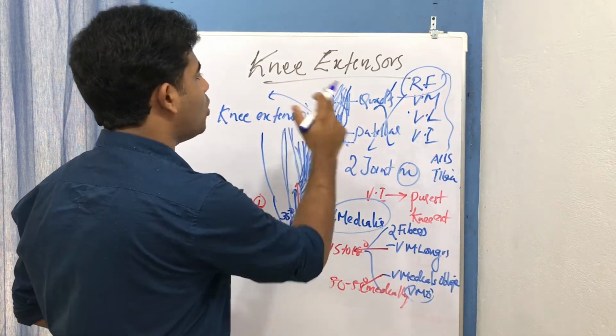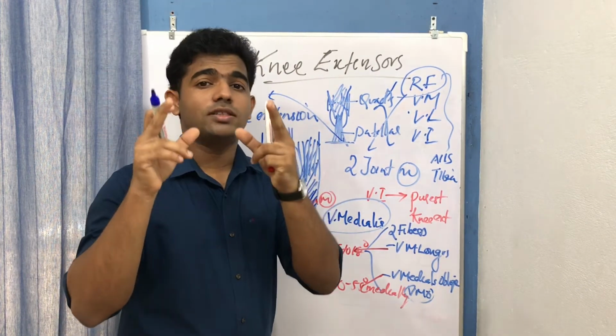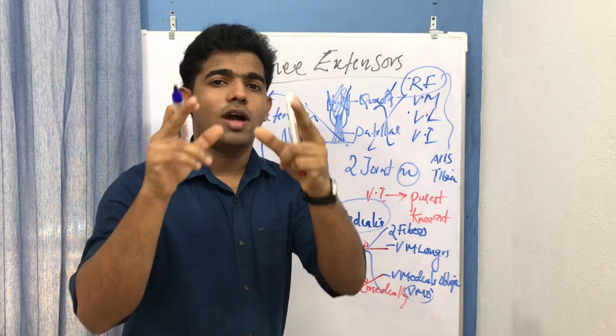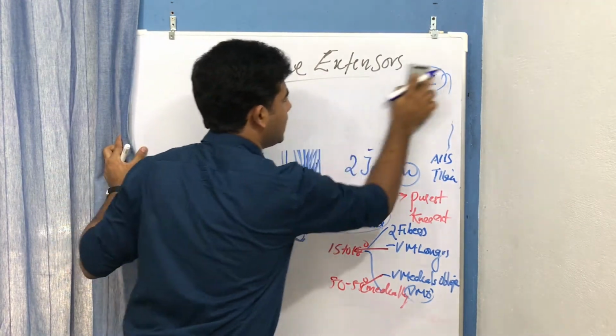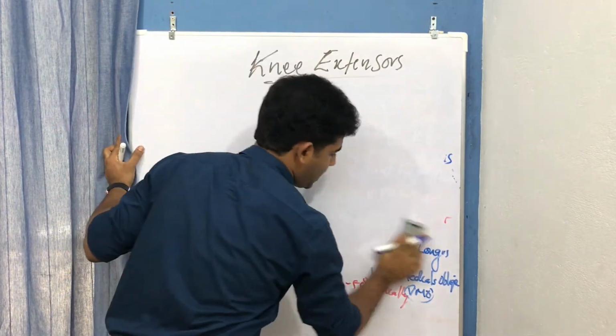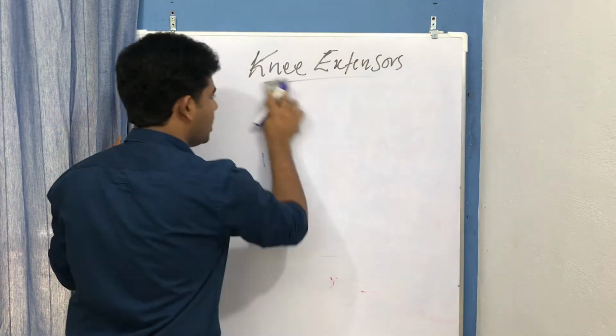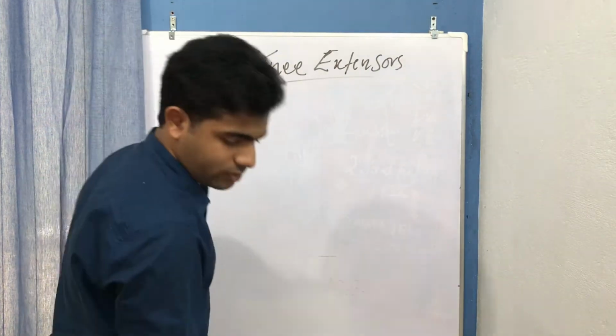Yes, and now we go on to discuss much further into the quadriceps muscle. That is the second topic that we are going to discuss: the role of patella in quadriceps muscle.